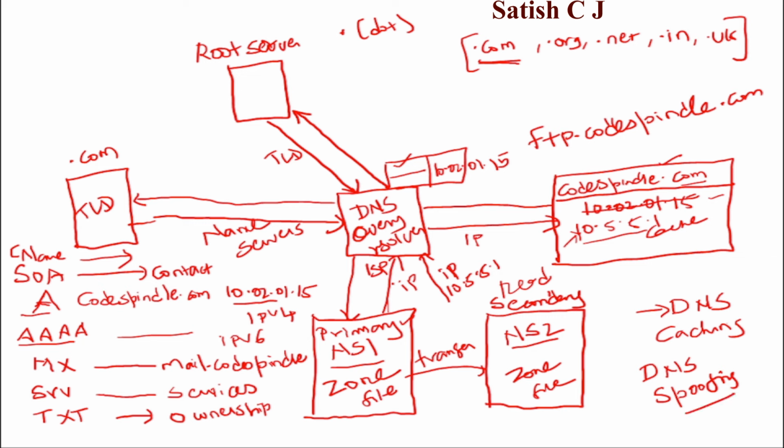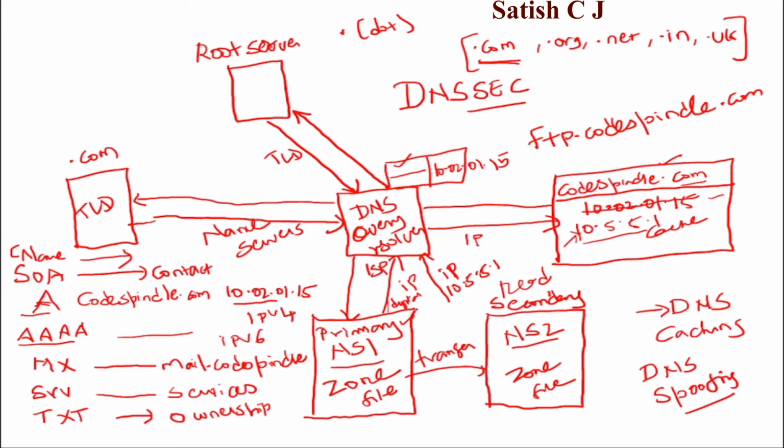So how to prevent a DNS spoofing attack? Say somebody else is responding as if he is the name server here. So how to identify that he is not the name server? To prevent that, we have DNSSEC, DNS security extensions. The use of DNS security extensions is that it's like adding digital signatures to the response. So once this particular primary server is responding, the message is encrypted. It is digitally verified.